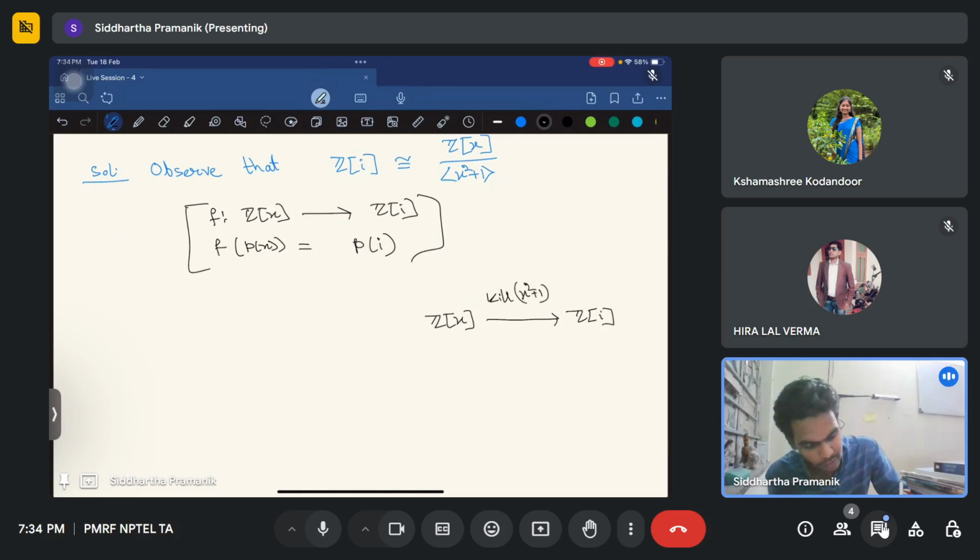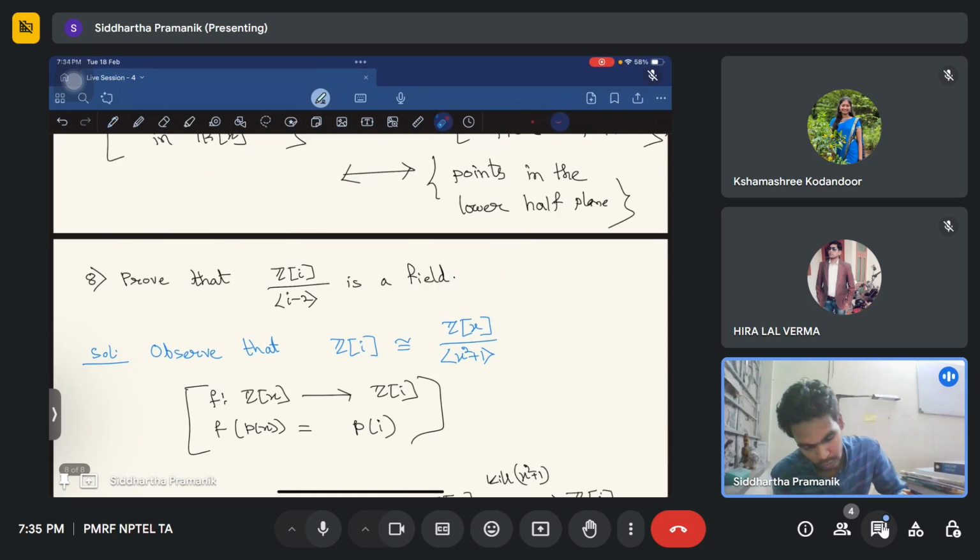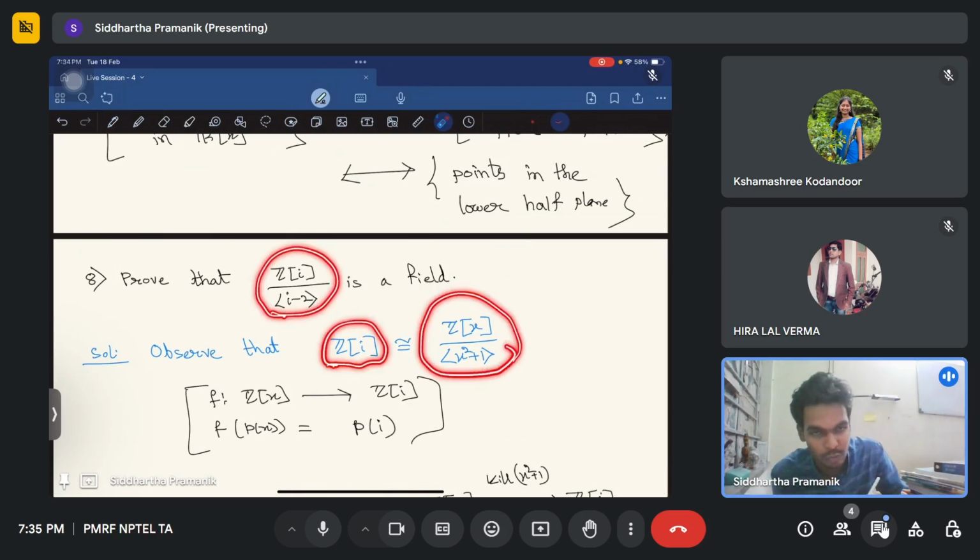Then we are getting this quotient Z[i], and after that we are taking this quotient Z[i] mod (i − 2). So this is a quotient of Z[i]. So it is a quotient of Z[x] mod x² + 1.